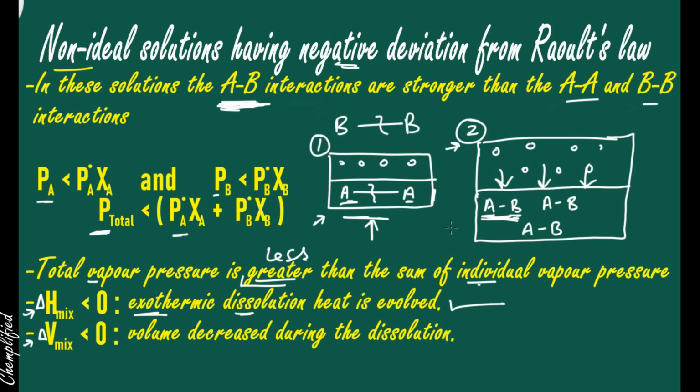And in the second case, since particles of A and B have strong interactions, they will come close together because they have strong bonding with each other, and the volume of the solution will decrease. That's why delta V mixing is less than 0, that is, volume is decreased during the dissolution or mixing of components A and B. I hope I made you understand these two points very clearly. Also why total pressure is less than the calculated pressure.